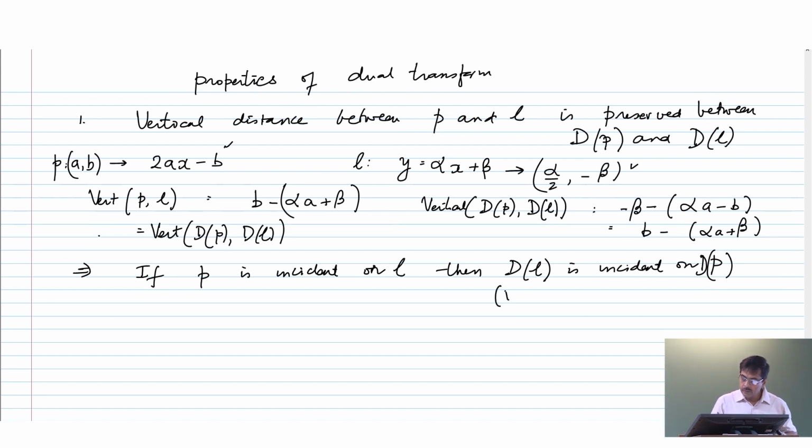That is vertical distance equal to 0. Okay. So, this is one property.